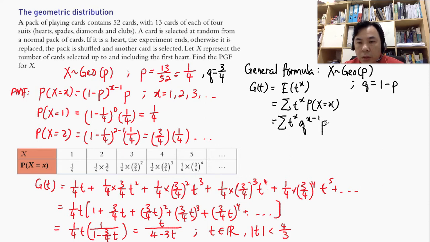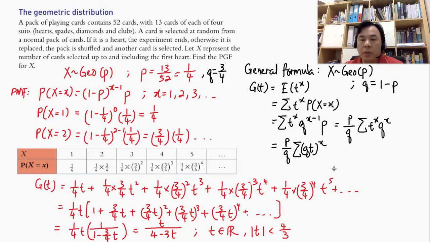Now you notice that both the p and q are constant, so we can actually take the p over q out. So therefore we have t^x q^x here. You will notice that this is how it looks like, and then this one further can be described as p over q, the sum of (qt) to the power x. And then you will notice that since our x starts from 1, this is actually a geometric series.